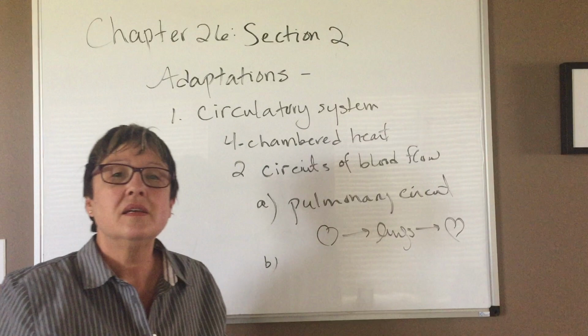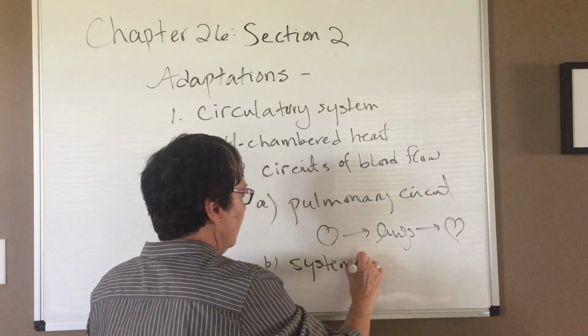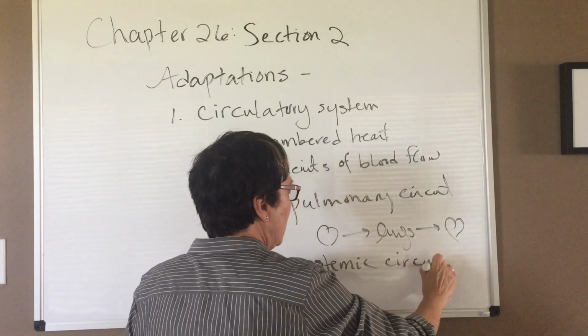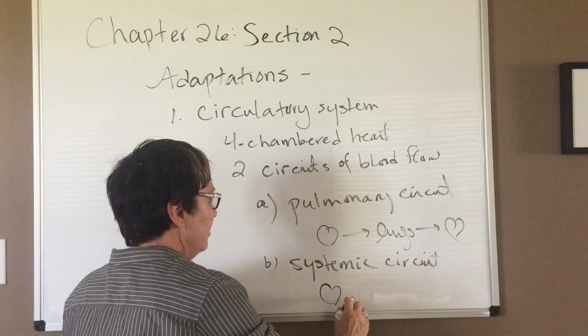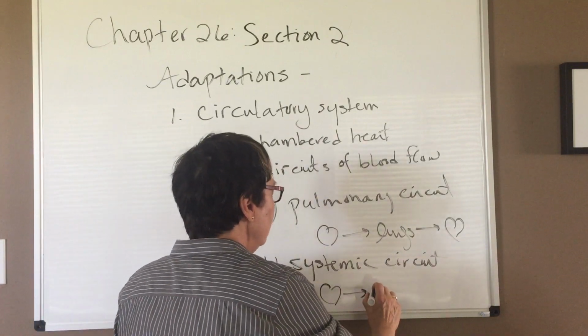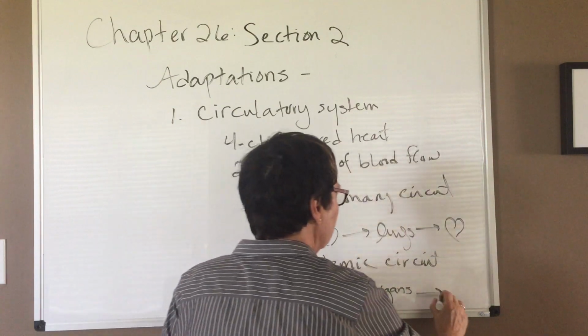The second circuit of blood flow is called the systemic circuit, and this is going to be from the heart to the other organs of the body and back to the heart.